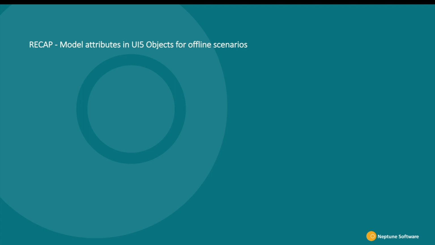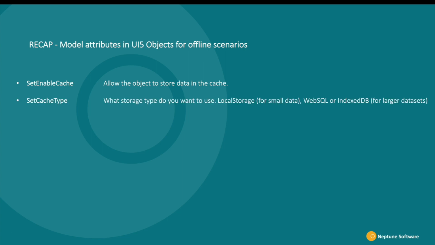The first attribute that we have is set enable cache. This one will allow the object to store data in the cache. So this is probably the most important. Without this attribute set to true, you won't be able to save any data offline into that object. The second one defines what type of storage you want to use for that object.